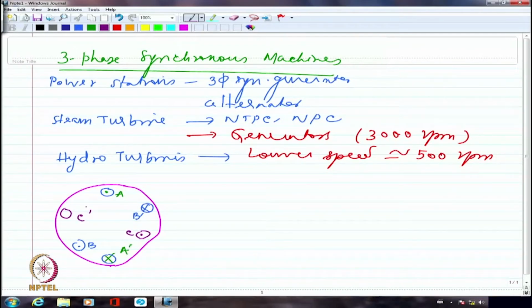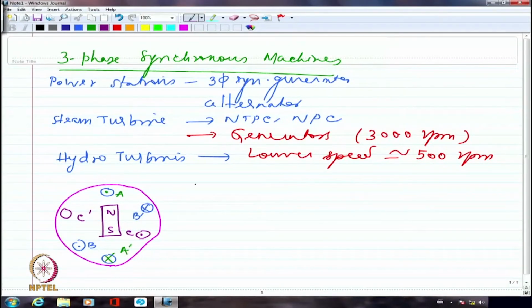These are the three-phase voltages. So there are going to be three-phase voltages that are generated. If I assume that this is going to be the magnet, please note I am going to have an electromagnet or permanent magnet in this particular machine.